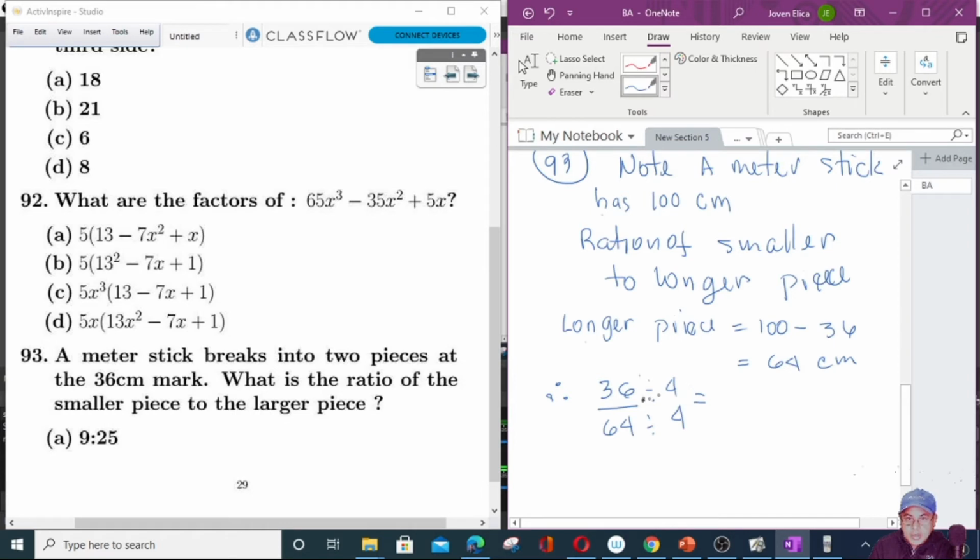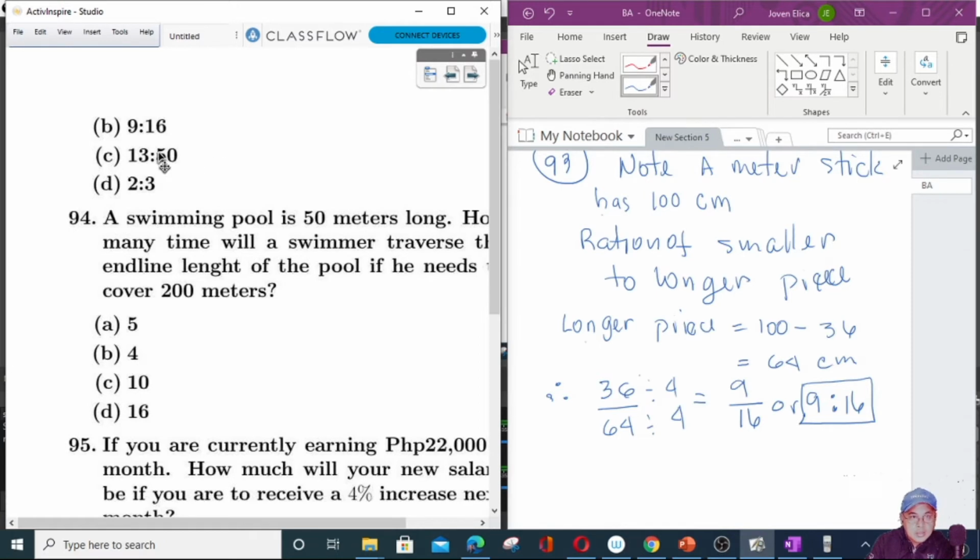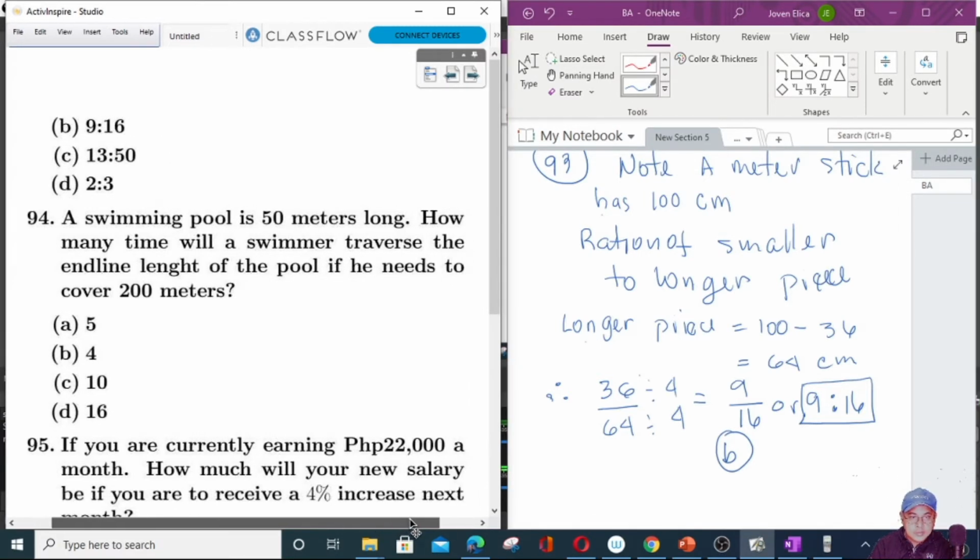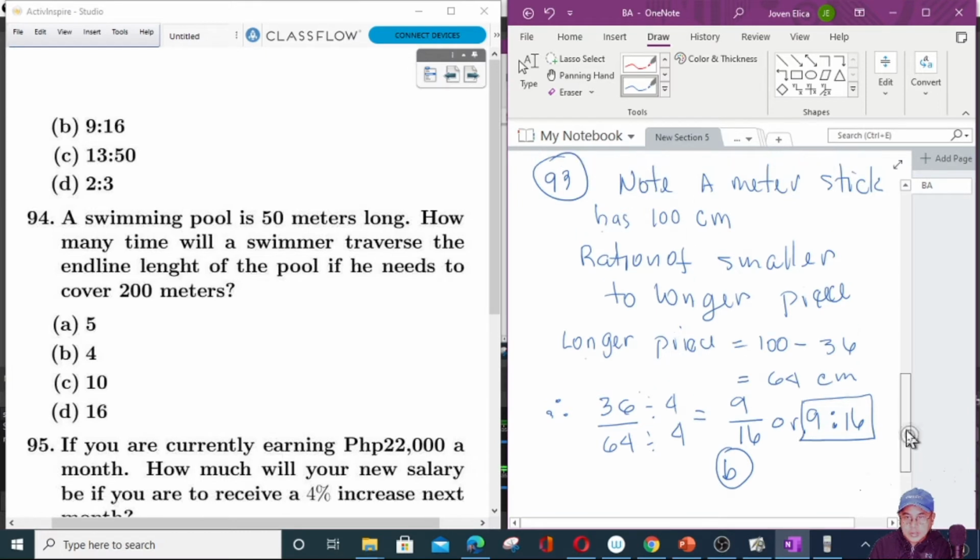So the ratio of smaller to larger is 9 is to 16. This is the ratio. Letter A choice is 9 is to 25. 9 is to 16, letter B, the answer is letter B. Okay, very simple, it's just a simple ratio and proportion.